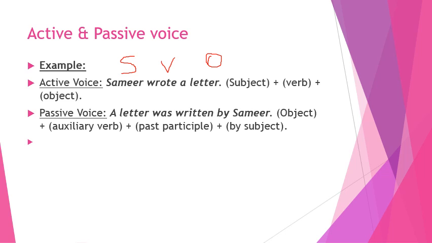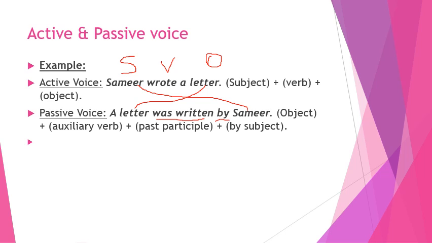In the passive voice, this object will come at the place of the subject: A letter was written by Samir. The subject goes at the place of the object, and we have to use "by," and the verb is also changed into the past participle.